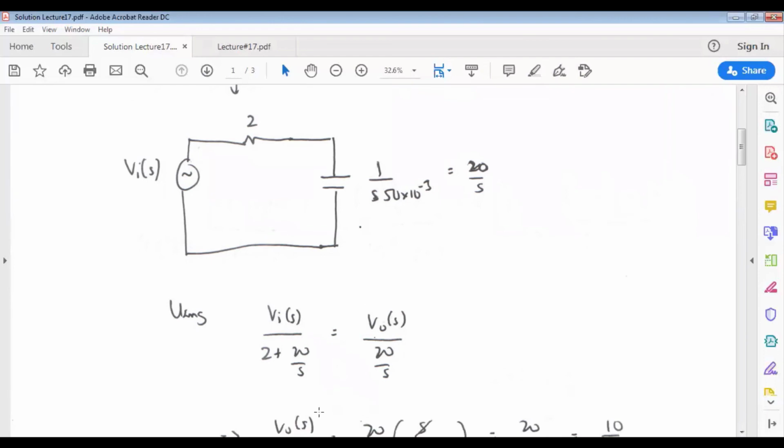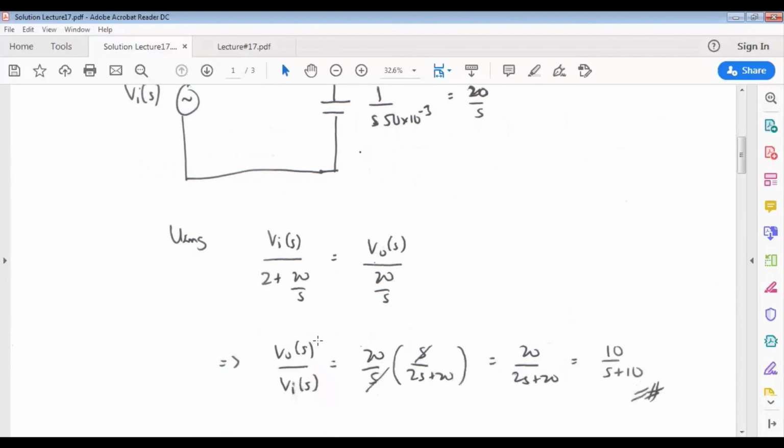From this relationship, we can then calculate the transfer function, which is the ratio of the output voltage over the input voltage. So HS will be V naught S over VIS, which equals this calculation, and we end up having 10 over S plus 10. So this is the transfer function of the filter.